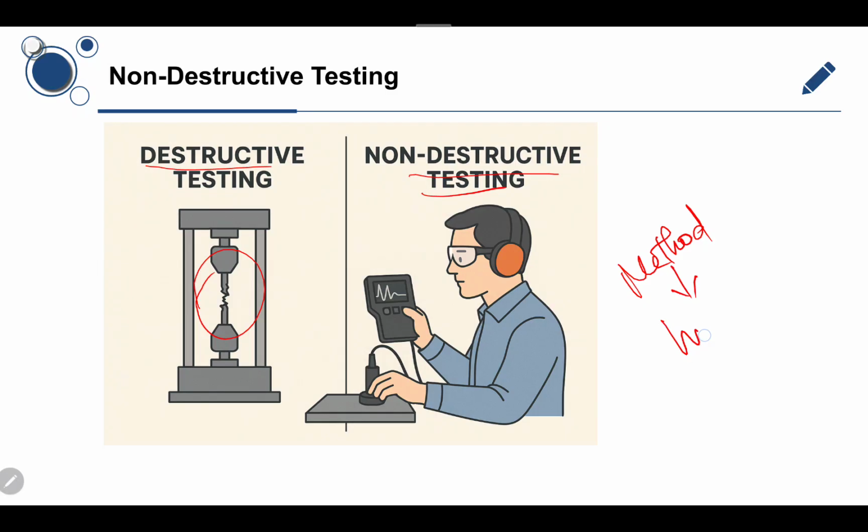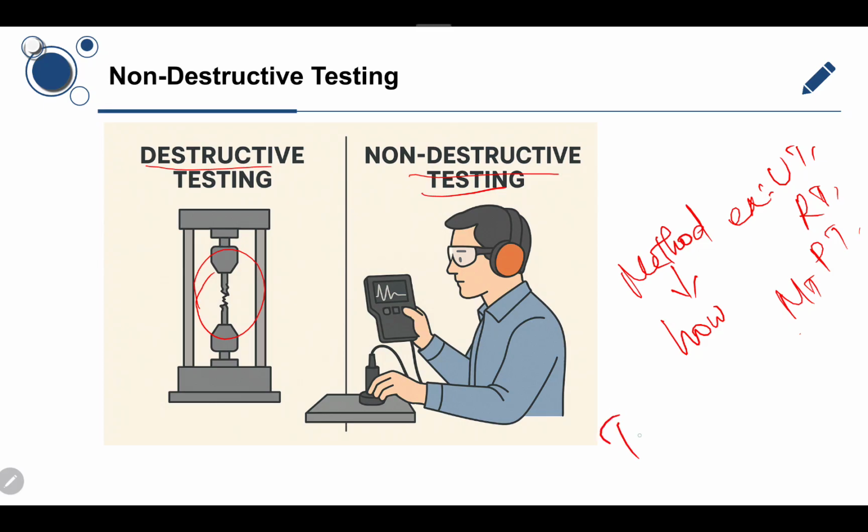It defines how the inspection is fundamentally carried out to detect flaws or measure properties. The method tells what type of physics or inspection principle is used. Example, UT, RT, PT, MT, these are the methods.